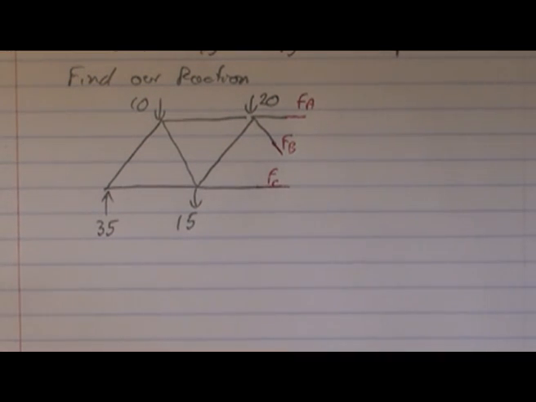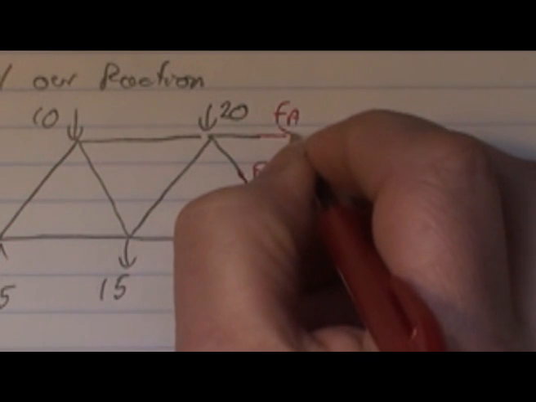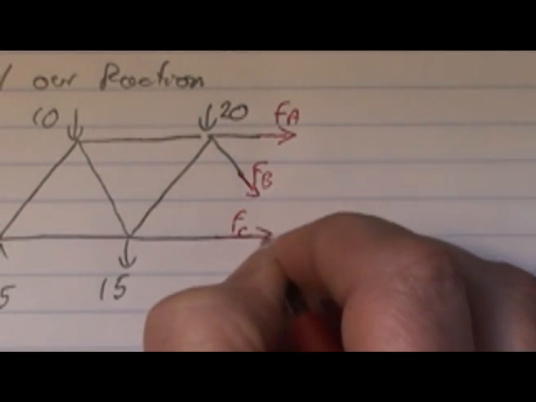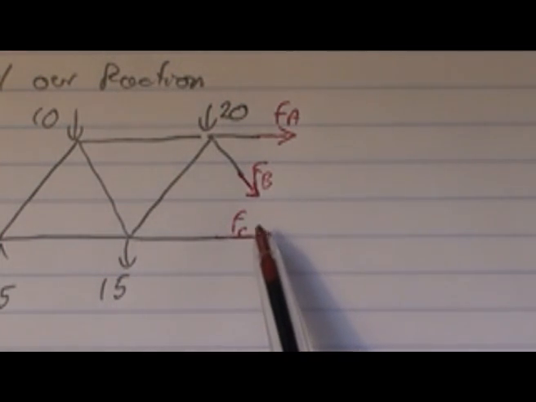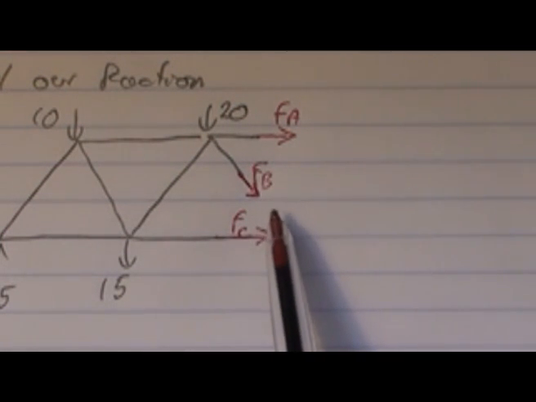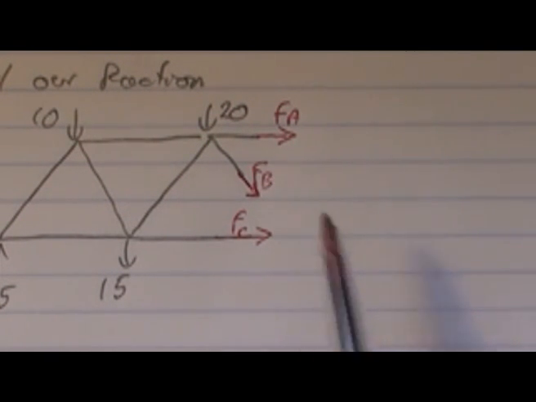At the moment I don't know the direction of those forces, so we'll take a blind guess and make them all go outwards this way. If we get this wrong, it won't matter, because when we do the maths, if the force comes out negative, it just means that it's in the opposite direction.